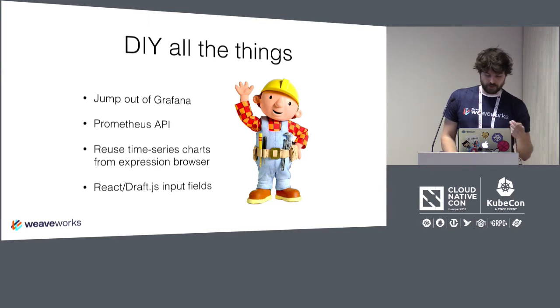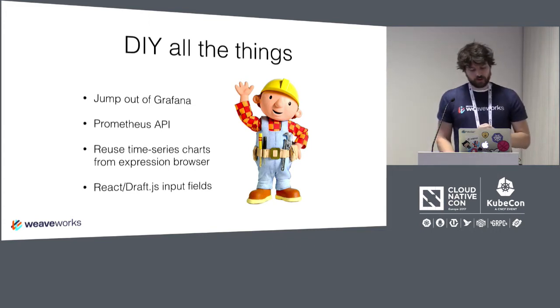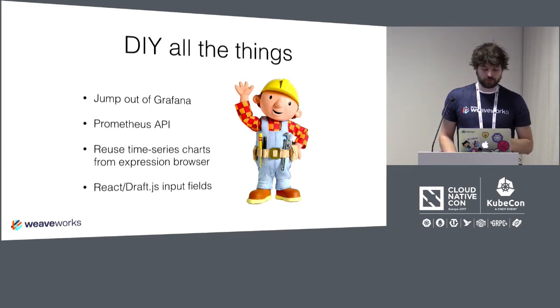The tools that we're going to show are all based around just using the API and using, for example, the charts library that vanilla Prometheus is also using. We can use that to our advantage, and at the same time make a nicer query field.